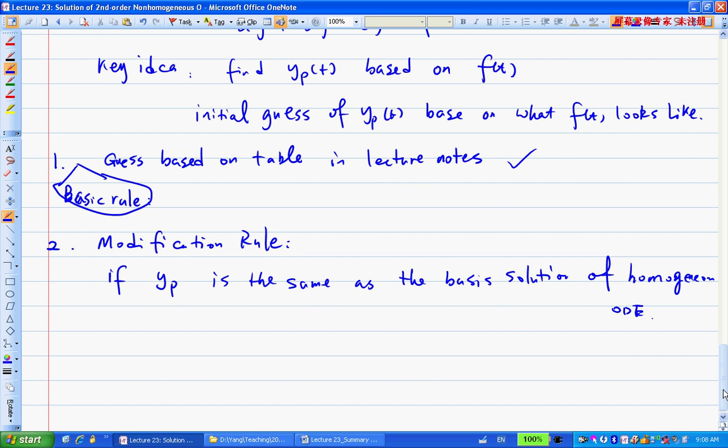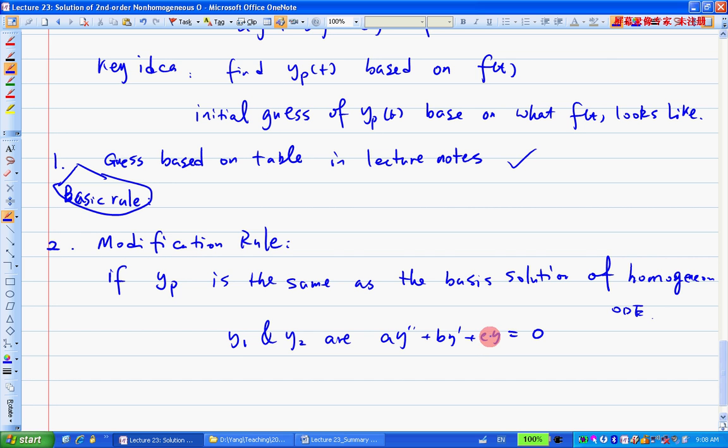So what does that mean? Here is your homogeneous one, right? A y double prime plus b y prime plus c y equal to 0. So y1 and y2 are the so-called basis solution of this one here, right?